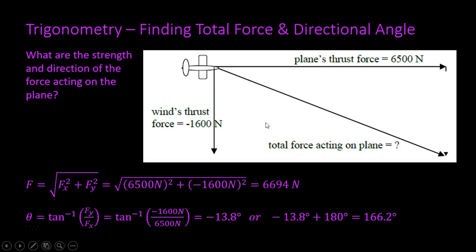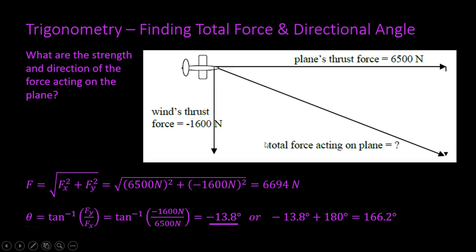So in this section, our angles, if we measure them in a positive direction, are going to be between 270 degrees and 360 degrees. That means in quadrant 4, if we measure them in the clockwise direction, they're going to be between 0 and negative 90. So negative 13.8 degrees is what our directional angle is.